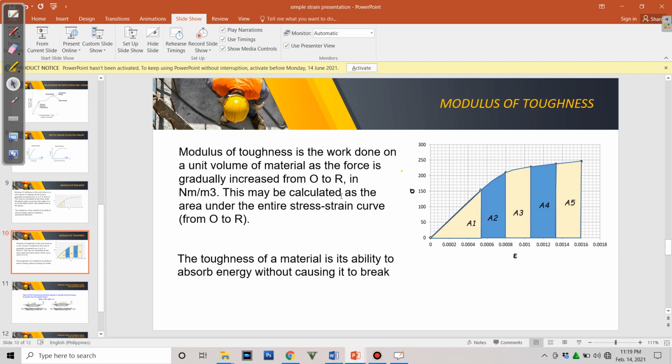So again, the same unit, we have Newton meter per cubic meter, and this may be calculated as the area under the entire stress strain curve from point of origin up to the point of rupture. And then the toughness of a material is its ability to absorb energy without causing it to break.